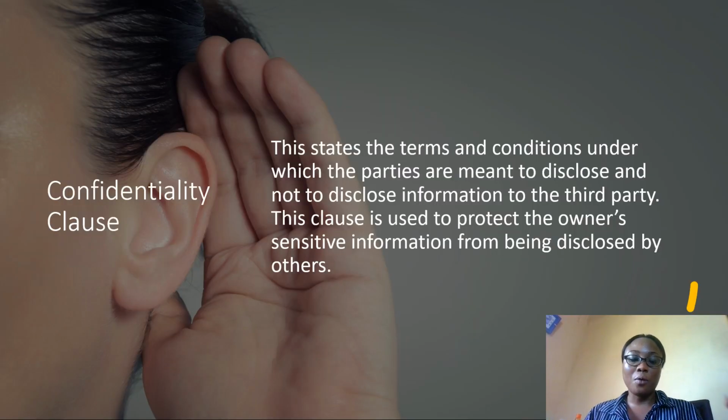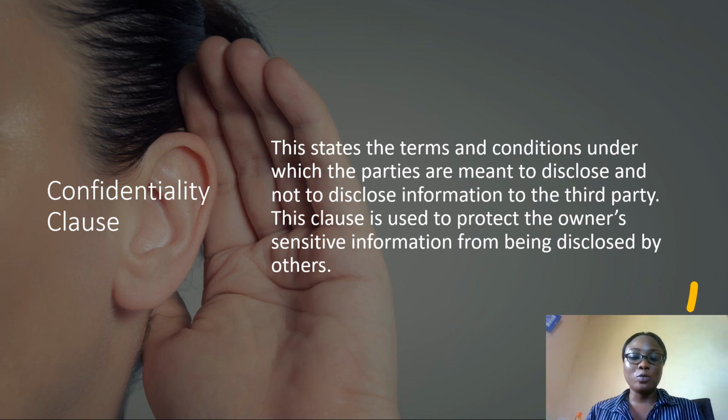The first one we're going to be talking about is the confidentiality clause. From the word confidentiality, it means something being said in confidence. You don't want third parties to be aware of such important information. This clause states the terms and conditions under which the parties are meant to disclose and not disclose information to a third party.